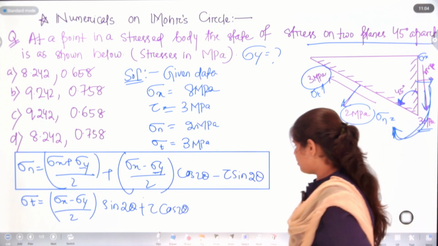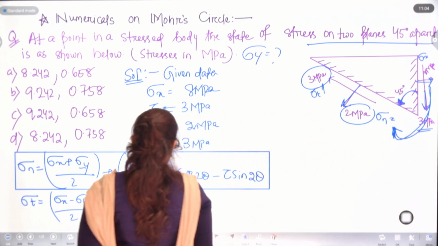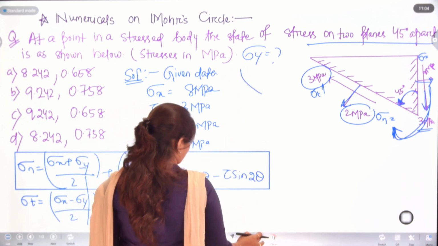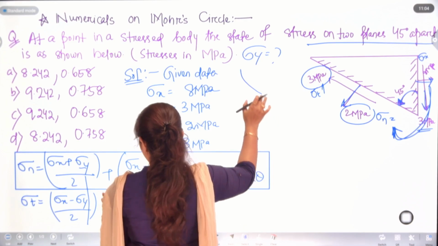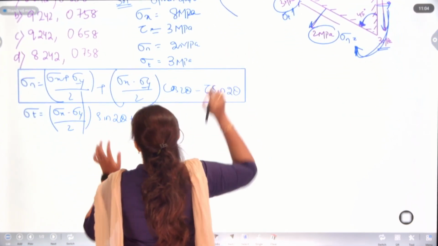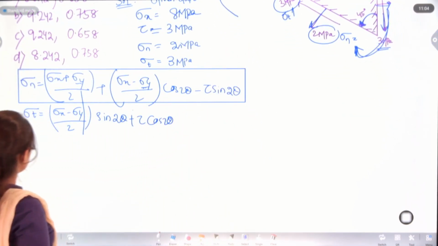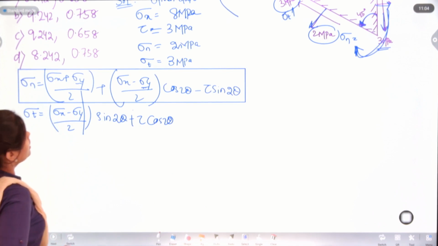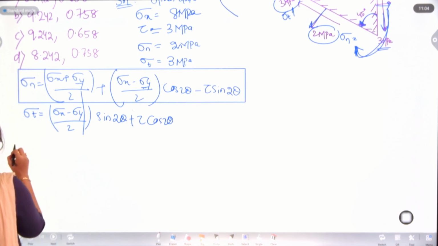Let's solve the equation. Sigma n is 2 megapascal.